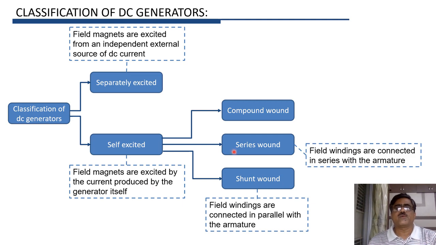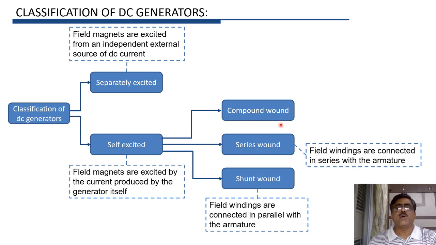Now in case of series generator, field windings are connected in series with the armature. So if armature and field winding both are connected in series, then the generator is called a DC series generator.